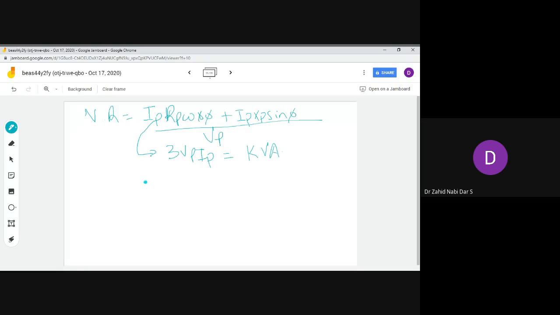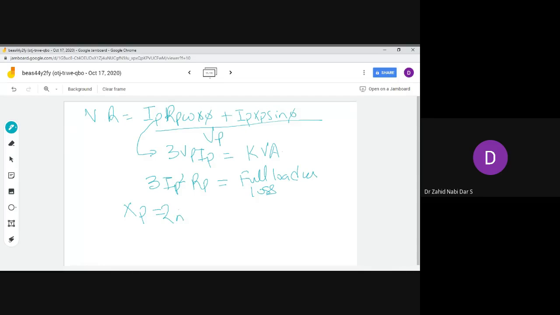Then the RP value: 3IP²RP would be equal to your full load copper loss. Then your XP value is from that leakage reactance formula that we saw. What was that formula?